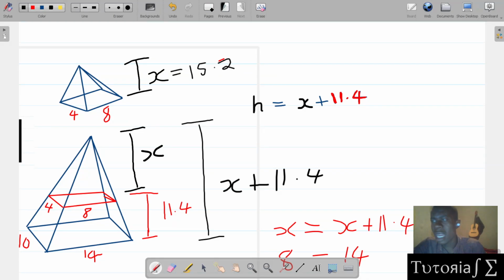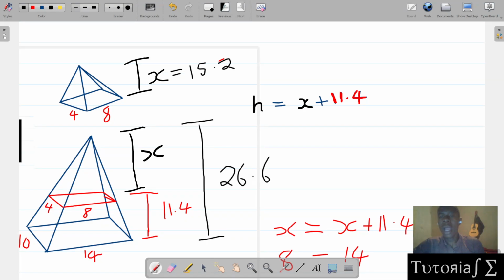Okay. And we can rewrite this. That is x, which is 15.2 plus 11.4. We're going to get 26.6. So we can write this as 26.6.